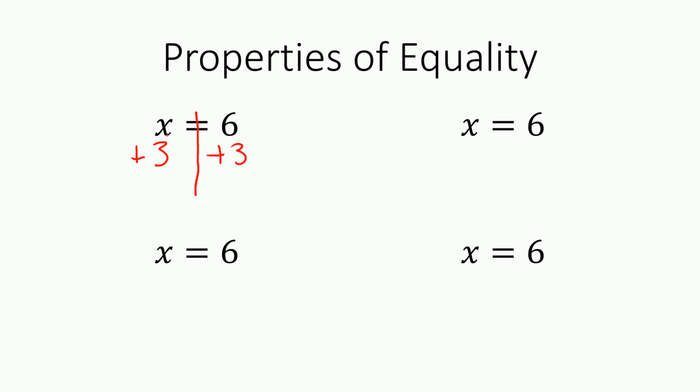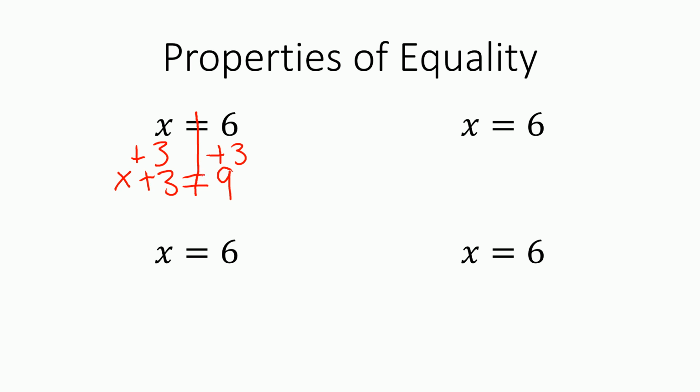And then I add 3. So because x and 3 are not like terms, I can't combine them into a single term. I have to write x plus 3. And then on the other side of the equal sign, 6 plus 3 is 9, so I can write 9. And so my new equation is x plus 3 equals 9.